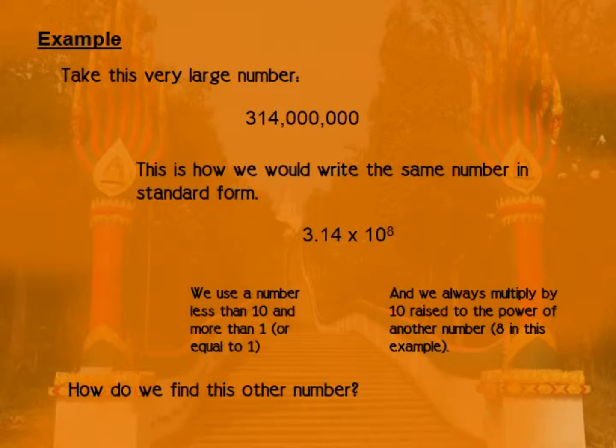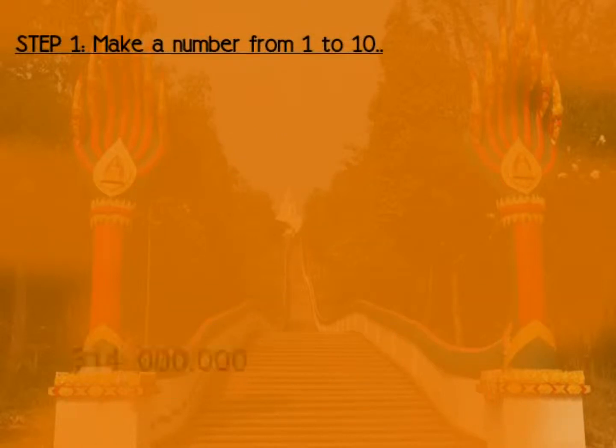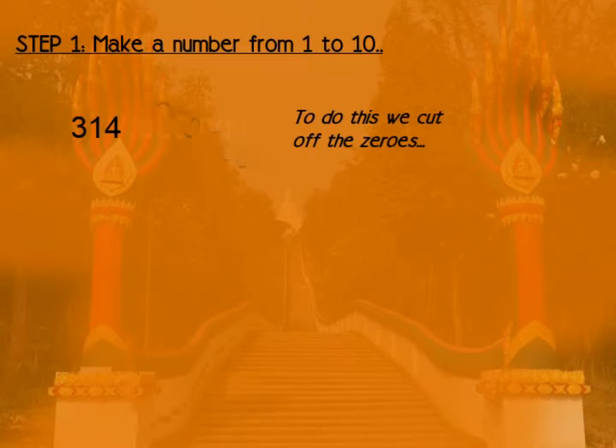So how do we find this other number? Where does the 8 come from, in fact? Well, step 1, we need to make that number from 1 to 10. So if we take our big number, the first thing we need to do is chop off the zeros at the end. Cut off all the zeros that we don't need, and then we have a smaller number, 314.